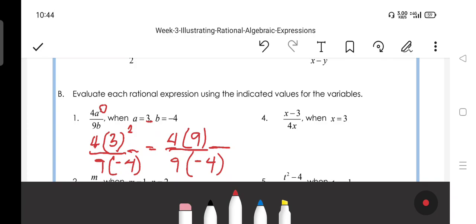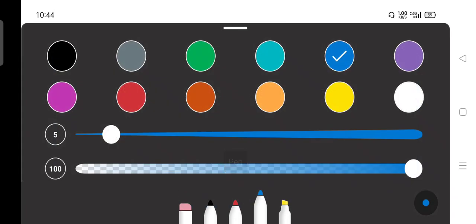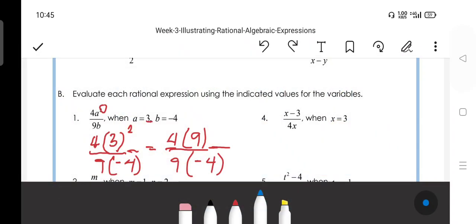So we have 9 and 9 in the numerator and 9 in the denominator. So we can cancel this out here. You have to remember that when we cancel the factors, it becomes 1.